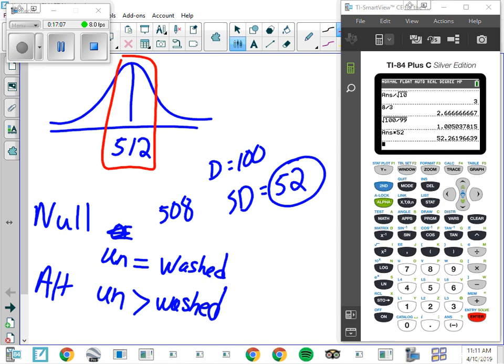So the SD you use always needs to be the SD of this number. So this SD of 52 is not important because we're assuming that this is true. If it's not true, then we'll find out later. But for now, we assume that that's true and that nothing has changed. So we're actually going to use the SD of 50. And I totally botched that last one.